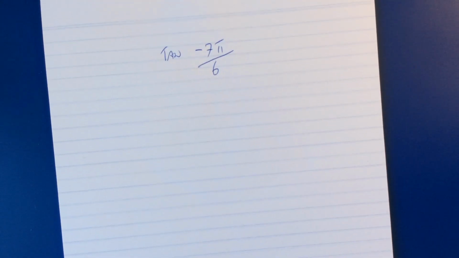Okay, the last one that we're looking at is the tangent of negative 7 pi on 6. Let's get that into frame.